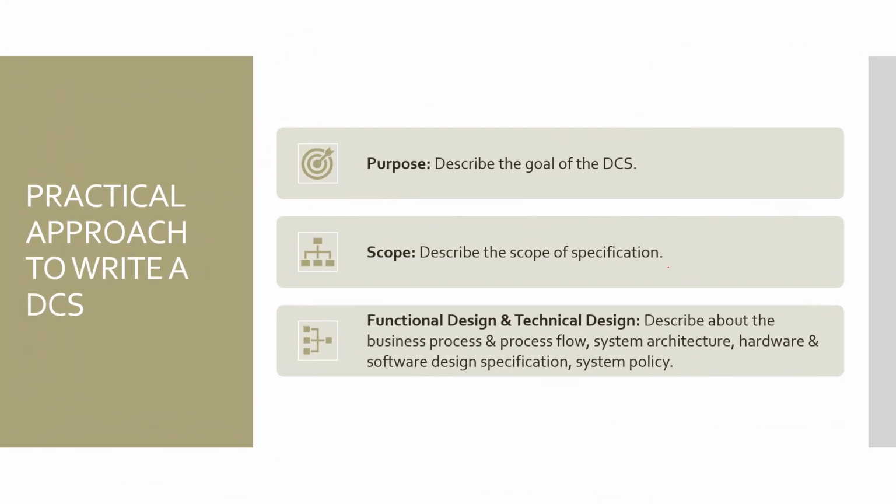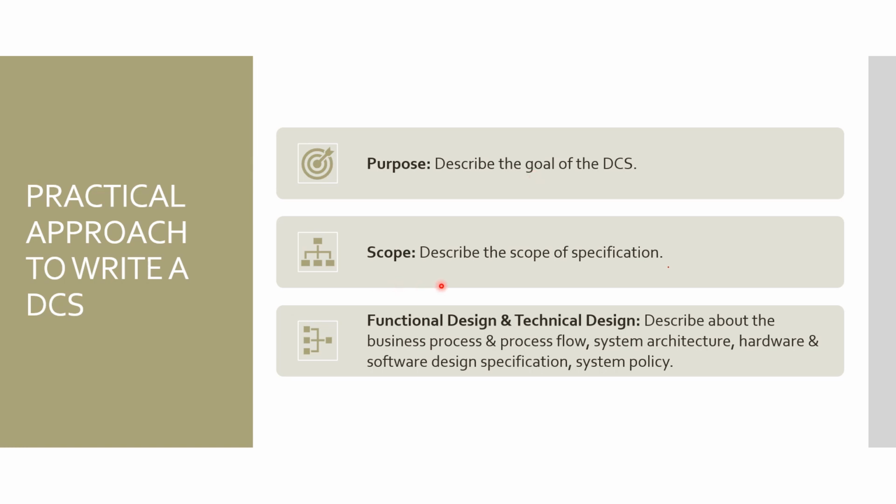Now we will discuss the practical approach to write a design configuration specification. So first point is purpose. Here we need to describe about the goal of design configuration specification, for which software and system the design specification configuration is required. Next is scope.